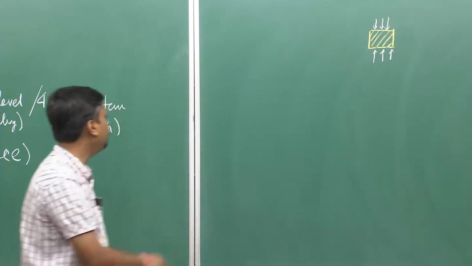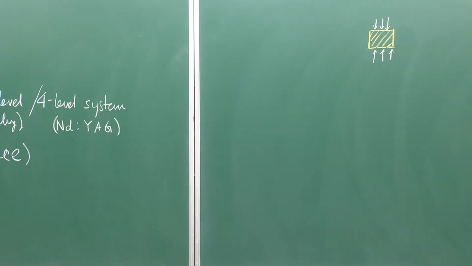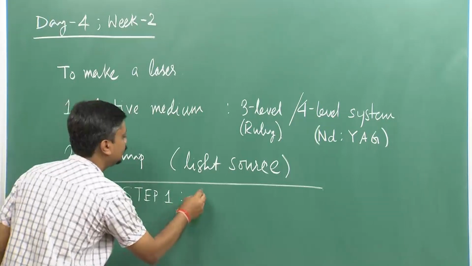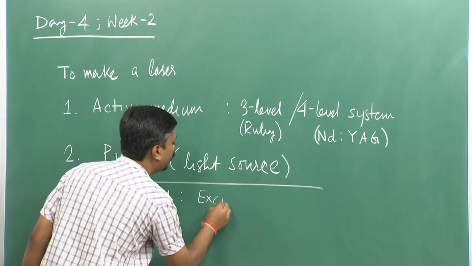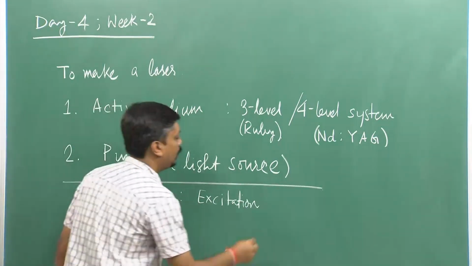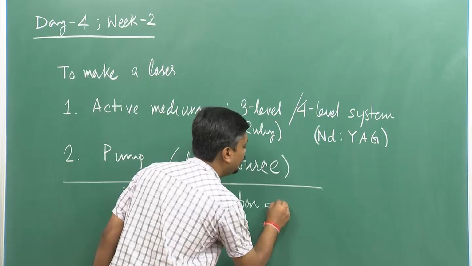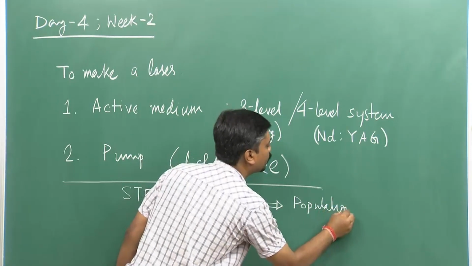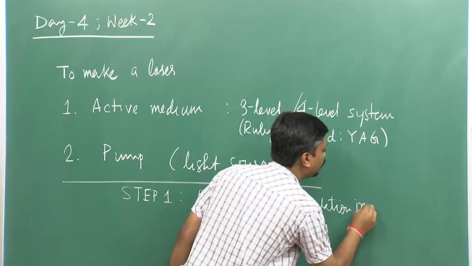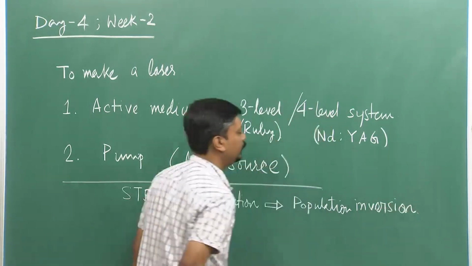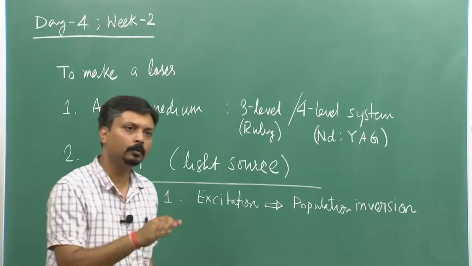So, in the first step, step 1 is excitation, which will lead to population inversion. Okay. These things we have already learned.